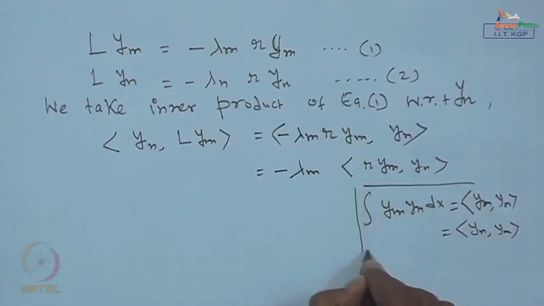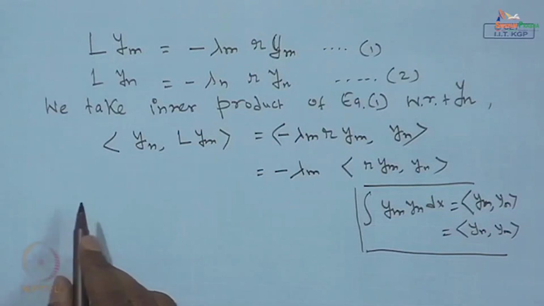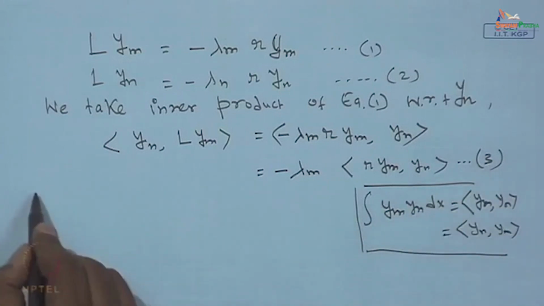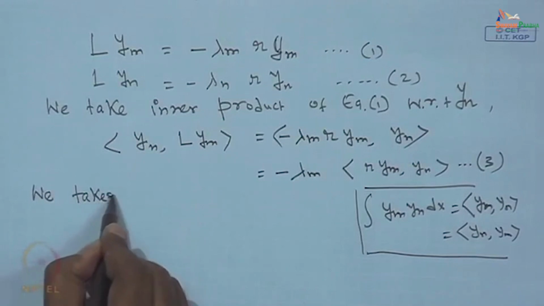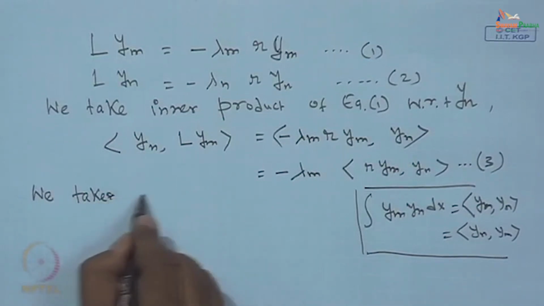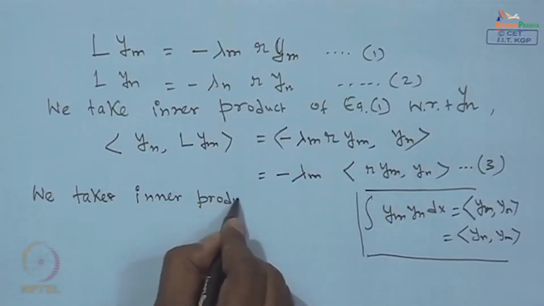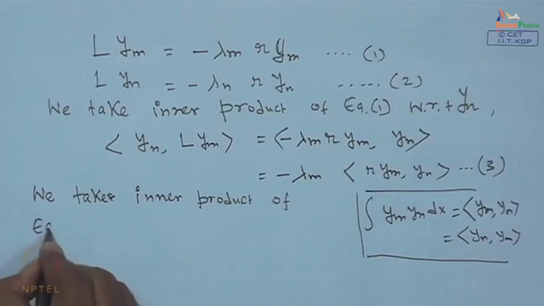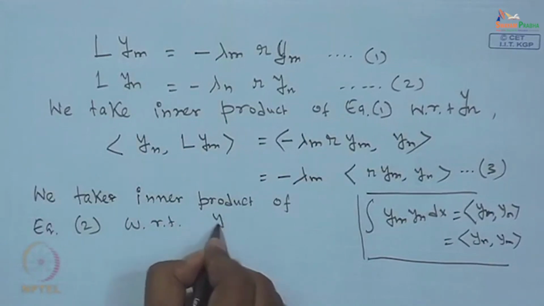Okay. So, this is equation number 3. Then we take the inner product of equation 2 with respect to y m.